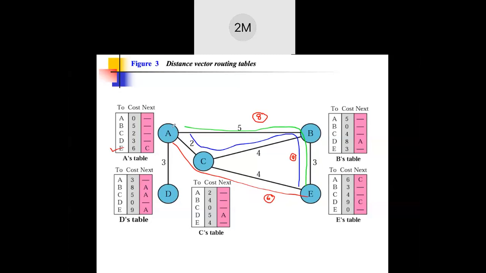For that, every router exchanges the routing table with its neighbor, and on that basis, it will update the table. But again, when to exchange the table? For that, we have discussed two methods.